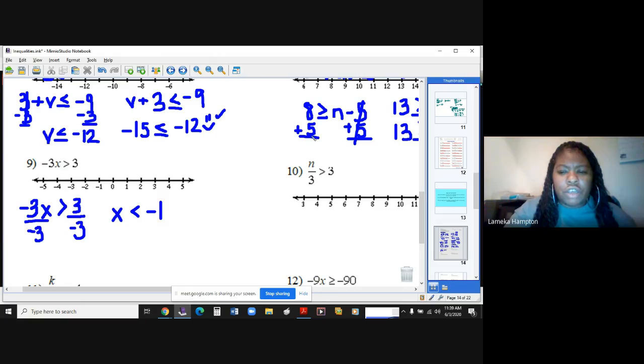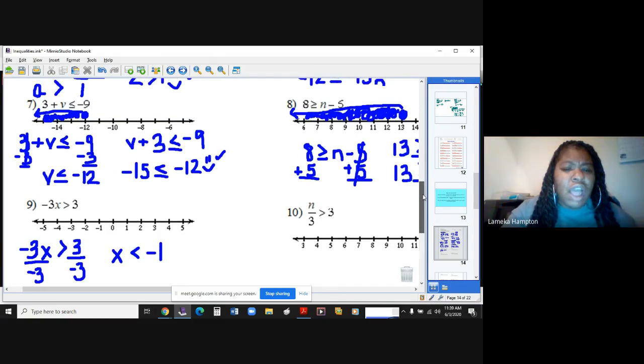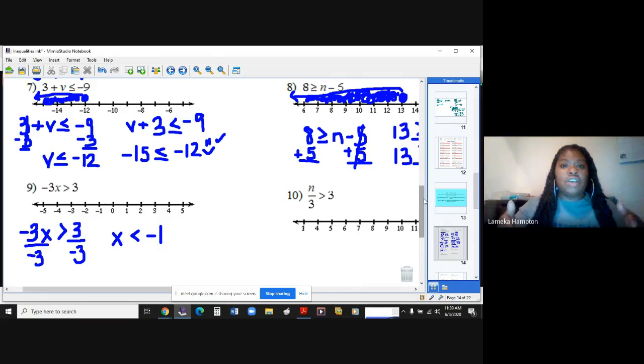Let me scroll back up real quick. I don't want you all to cross-contaminate and cross-pollinate rules in math. I understand that certain rules sound similar and look similar, but you have to condition yourself to know that these rules are different and applied to different things.